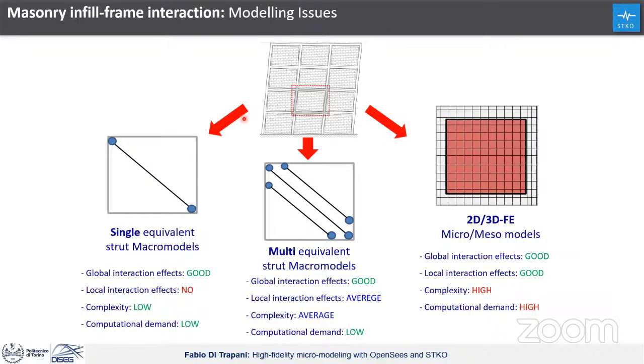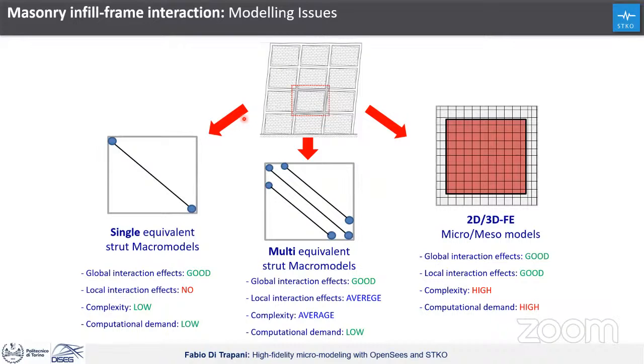But because of the concentric disposition of the strut, we are not able to detect local shear effects. So we are not able to estimate the real shear that is occurring at the ends of the columns.